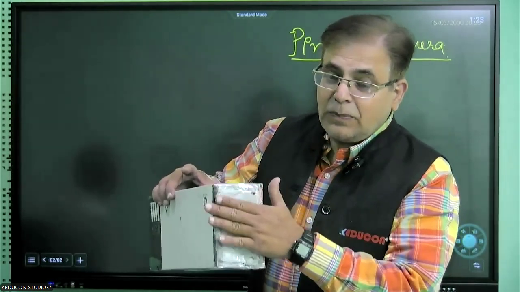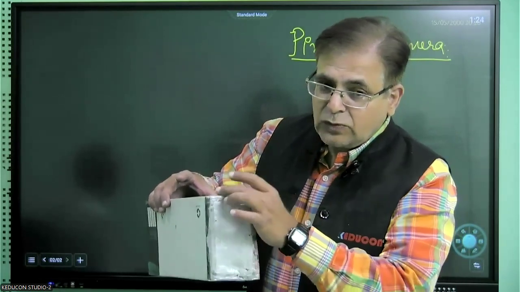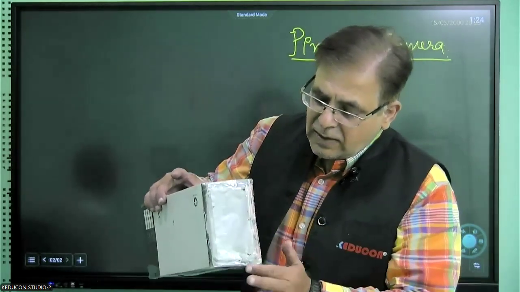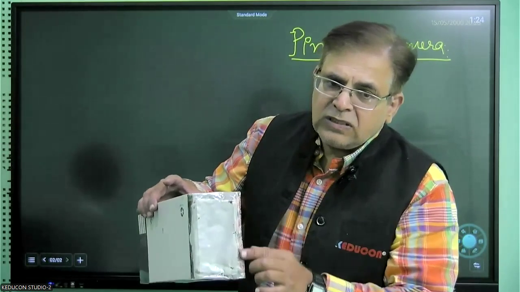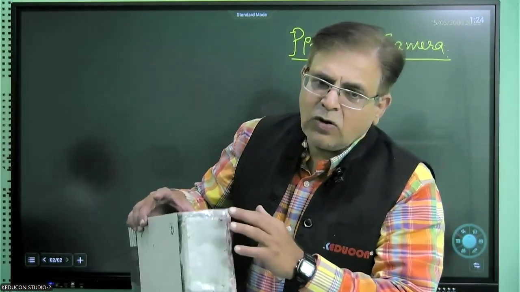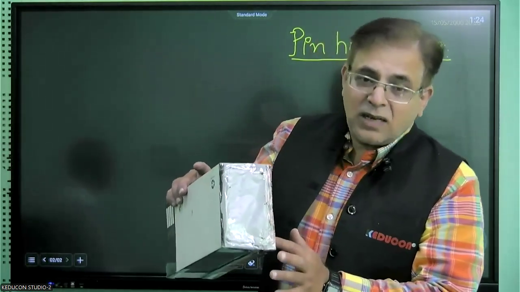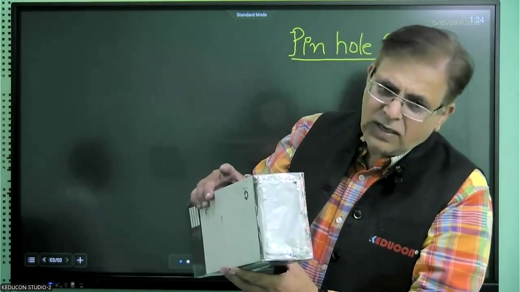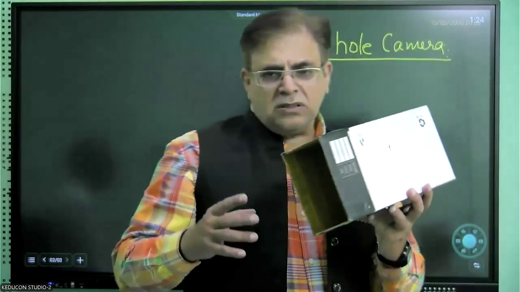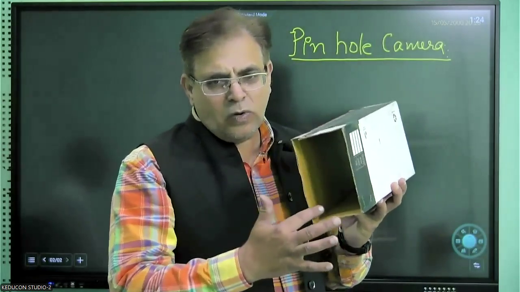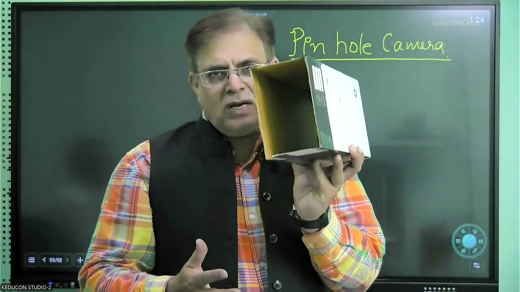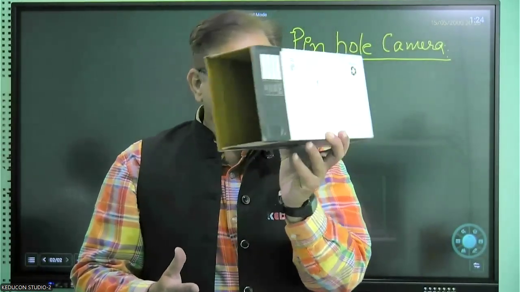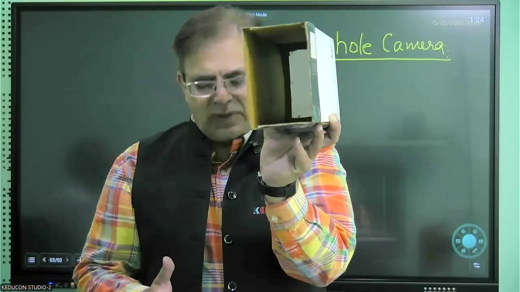Place the butter paper of the size of the face of the box and paste it with the help of sellotape, or you can use any other adhesive. Fine. This is the cut piece. You can see the white trace paper here.